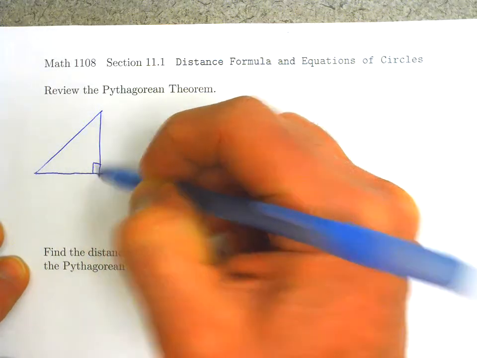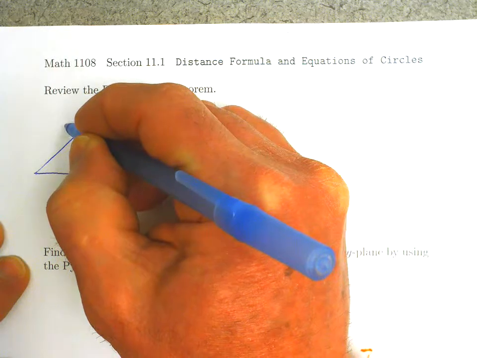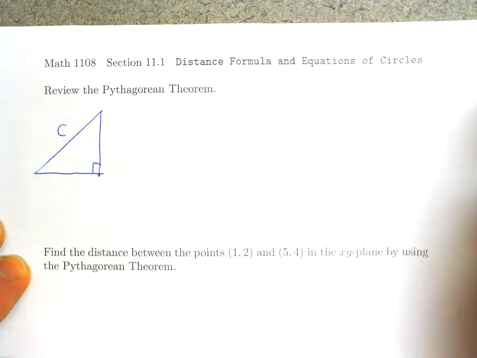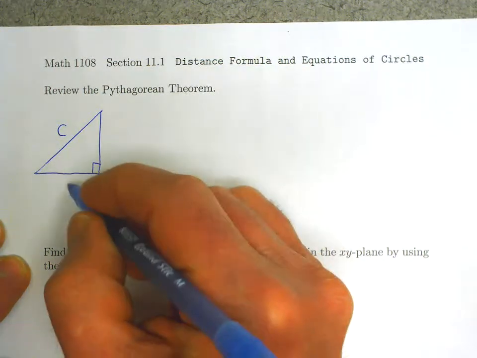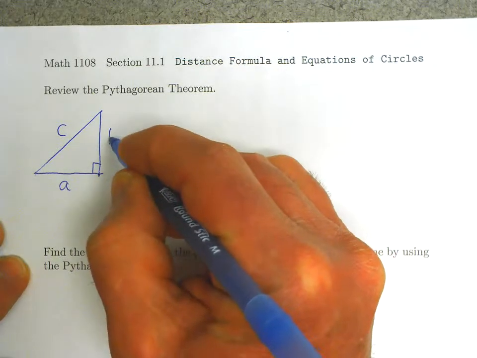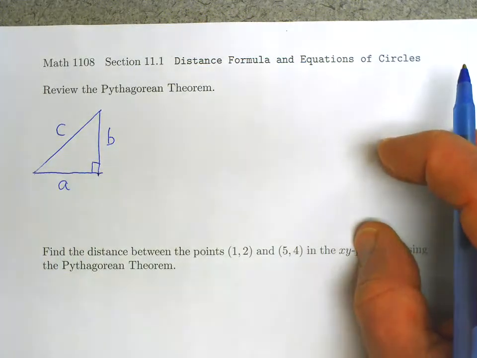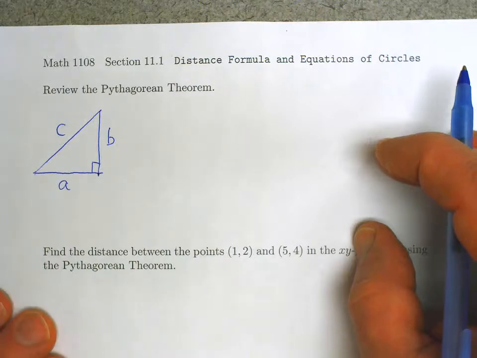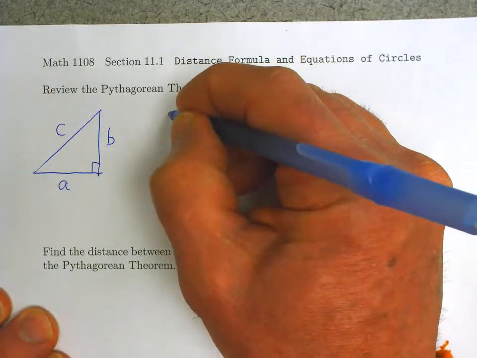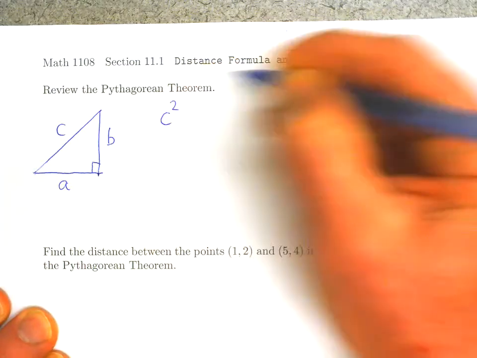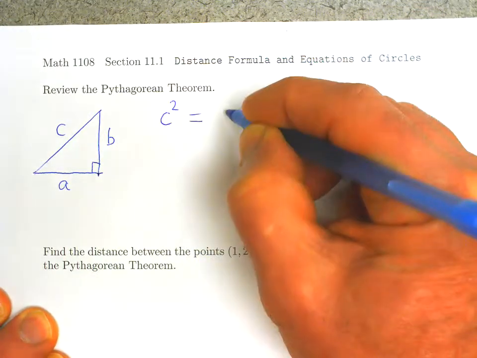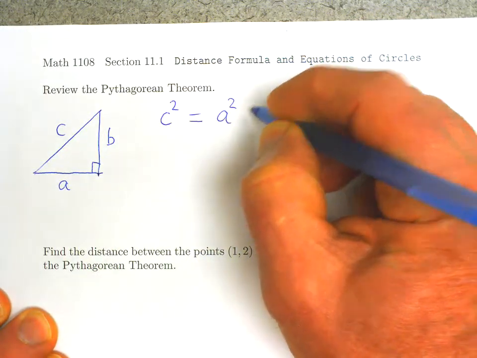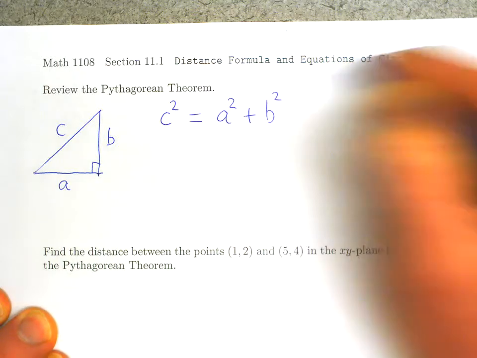It's opposite of the 90-degree angle. If the length of the hypotenuse is c units, and if the lengths of the two legs are a units and b units, then the Pythagorean theorem states that if you square the length of the hypotenuse, that's equal to the sum of the squares of the lengths of the two legs.